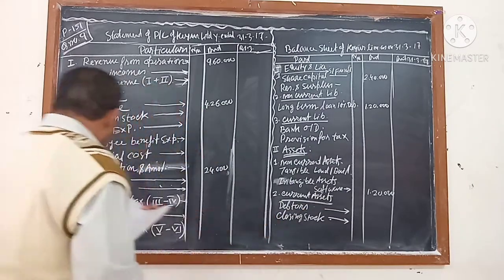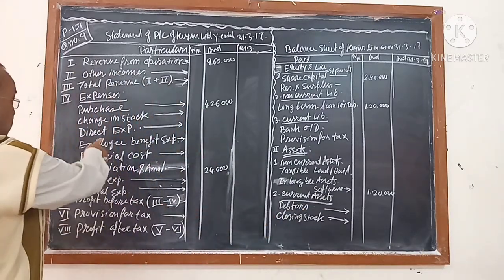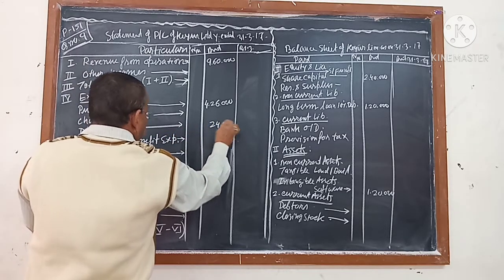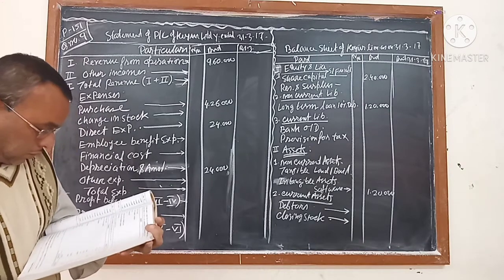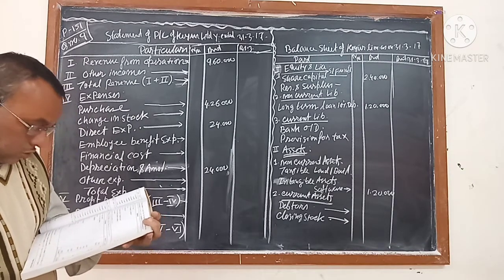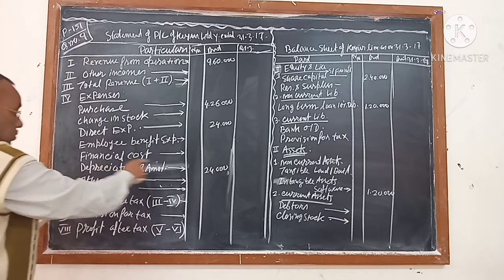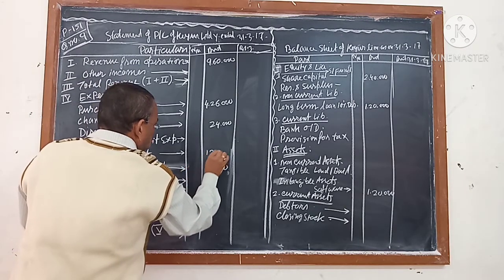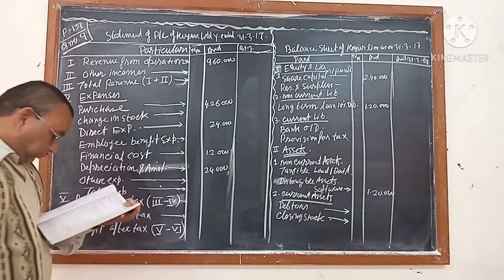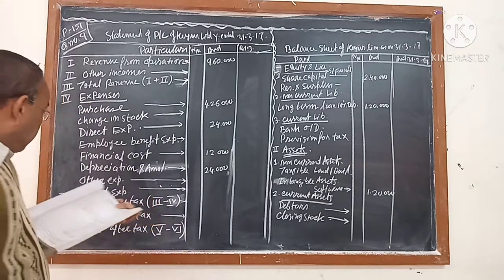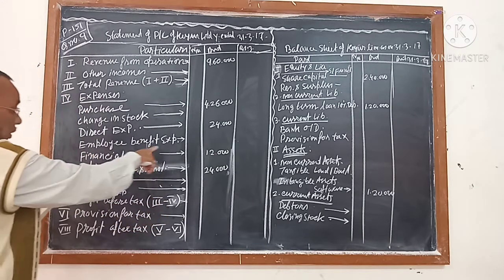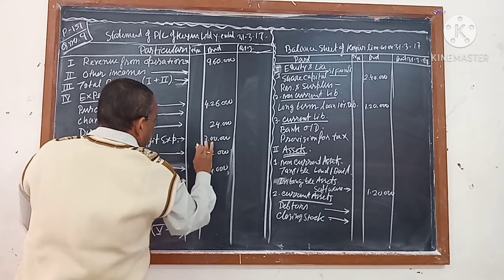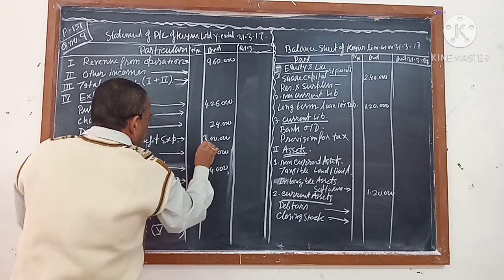Wages, direct expense, 24,000. Debenture interest 12,000, financial expense. Salary 3 lakh, where will it go? There, employee benefit expense, 3 lakh.